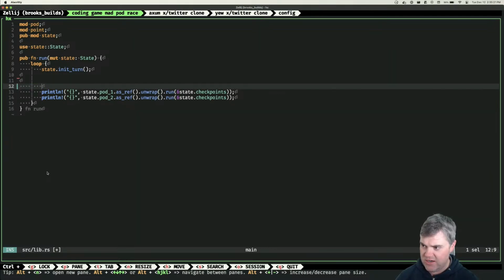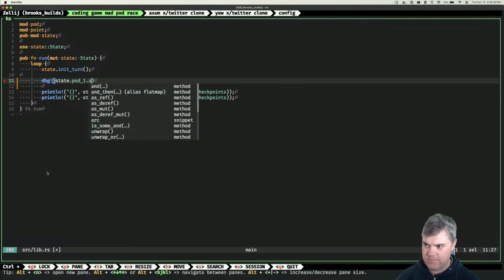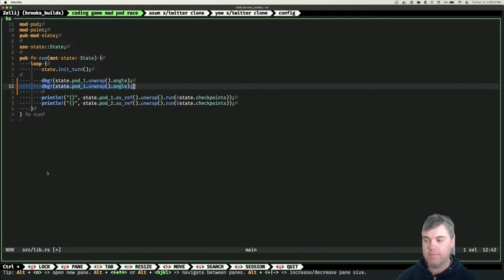So for each turn here, I want to do a debug of pod 1, so state pod 1 unwrap angle, and then state pod 2.